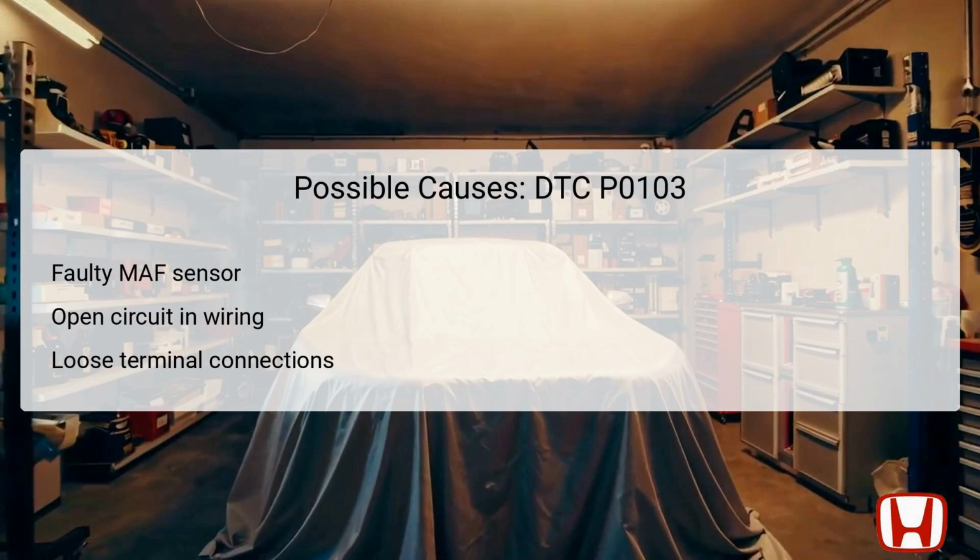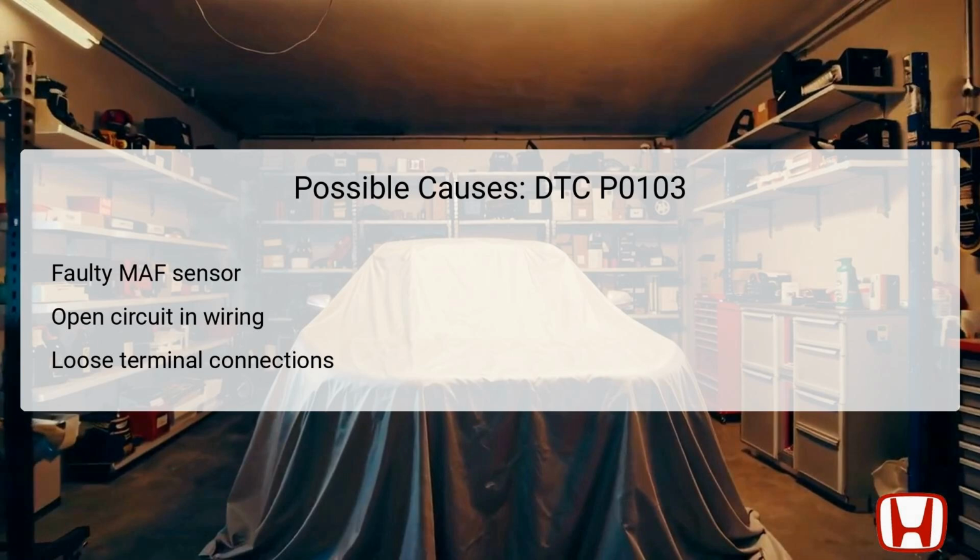Identifying the root cause of DTC P0103 involves understanding several potential issues. A faulty MAF sensor may be the primary reason. These sensors can degrade over time due to contaminants or internal failures. An open circuit in the wiring can also cause significant impairments, preventing the ECM from receiving accurate data.